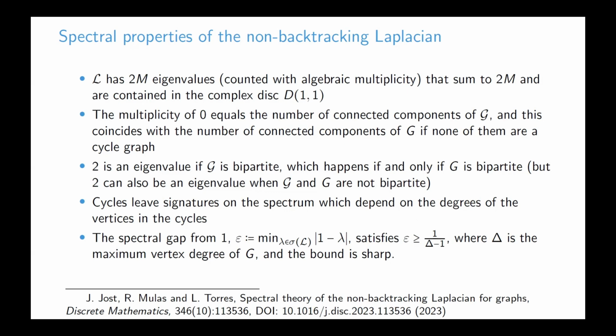So in particular, 1 in this case cannot be an eigenvalue, and we always have a gap between 1 and the eigenvalues. Okay, and after we proved this bound with Leo and Jürgen, we were wondering whether we could also prove an upper bound for the spectral gap.